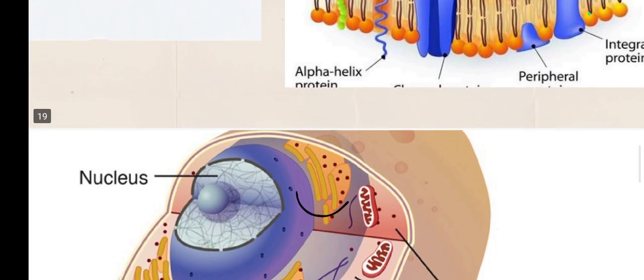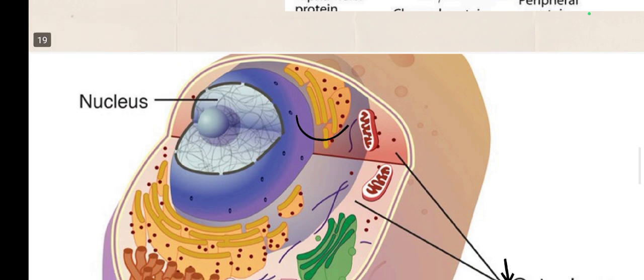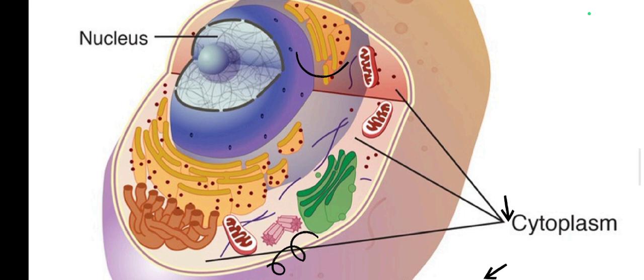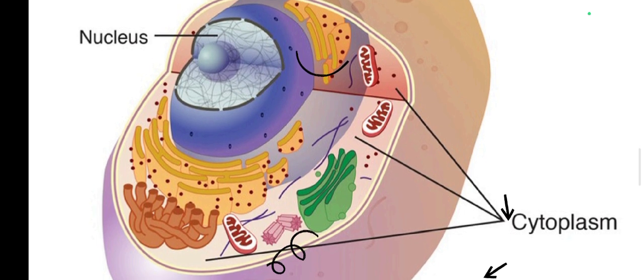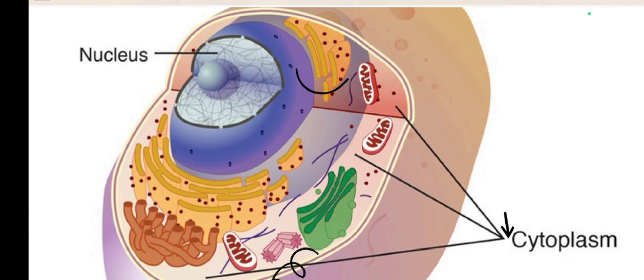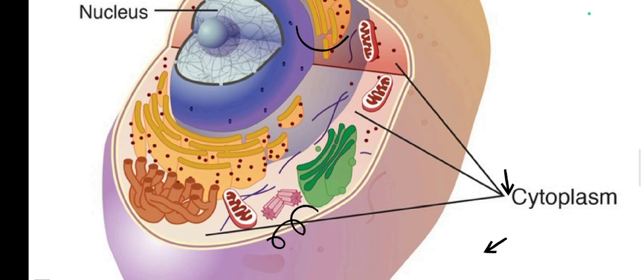Now let us move to the central part, which is a very important part of the cell. The first is the nucleus. The nucleus is the center of the cell and it is related to genomics, that means the genetic information is placed in it. These are membrane-enclosed organelles within a cell that contain the chromosomes.